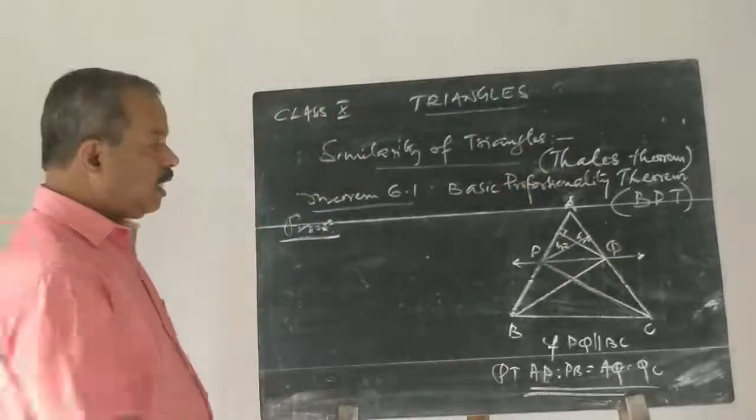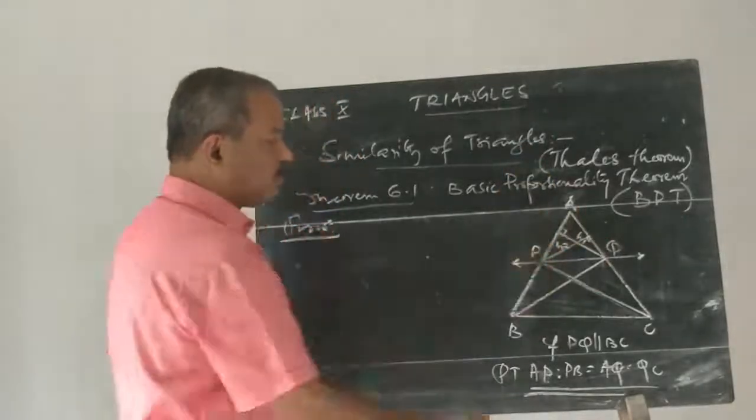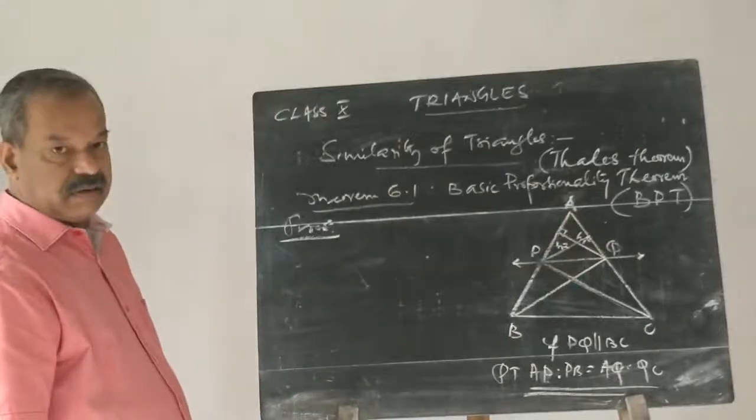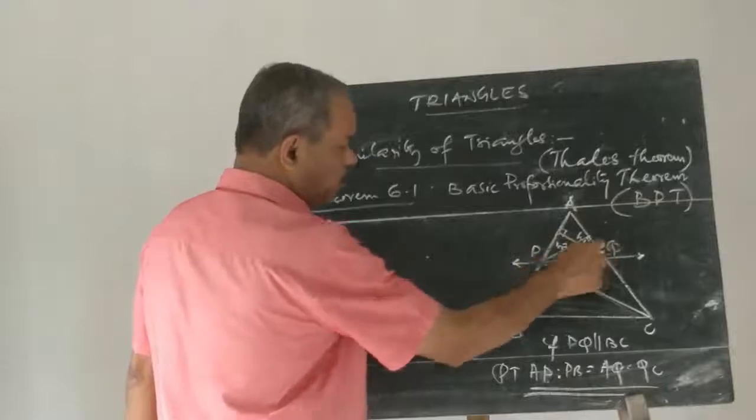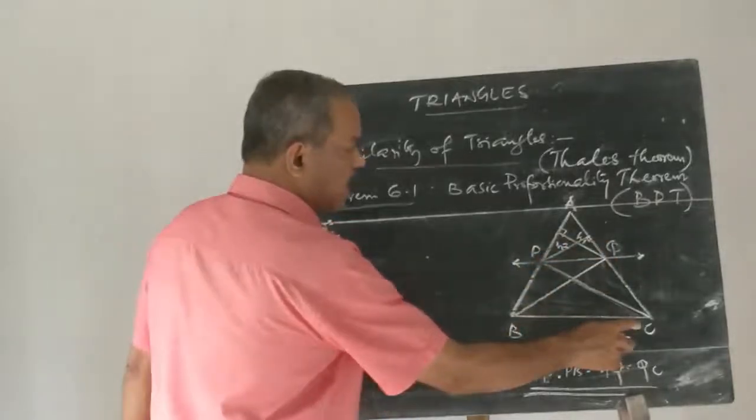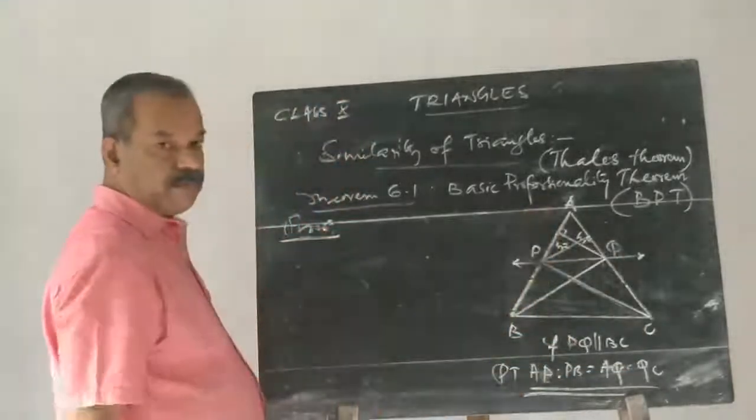Consider these three triangles: triangle APQ, triangle PQB, and triangle CPQ.